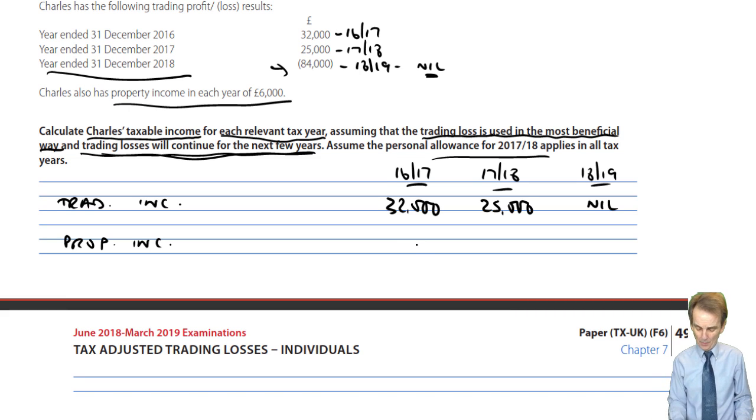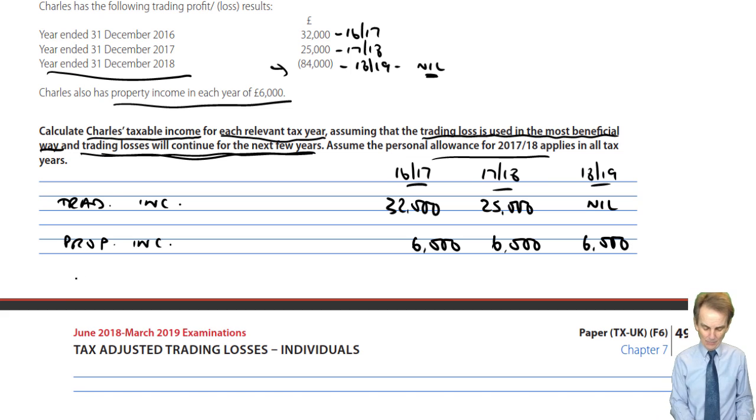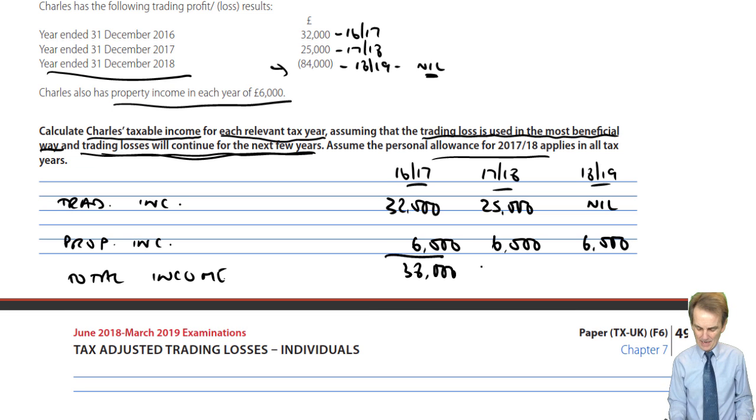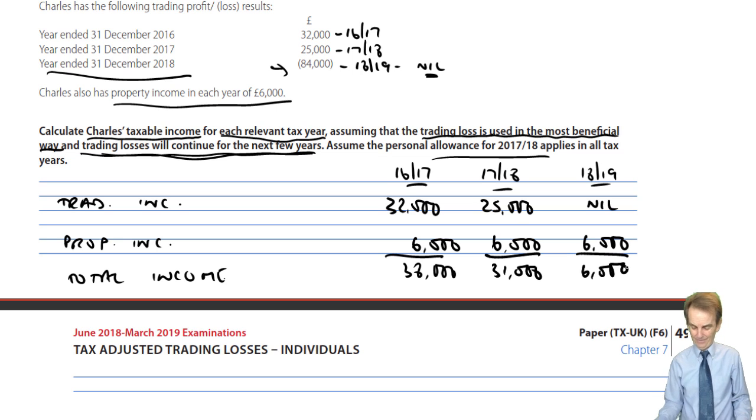What have we got in the way of property income? We've got £6,000 in each year. That would give us our total income figures. They are 38,000, 31,000 and 6,000.